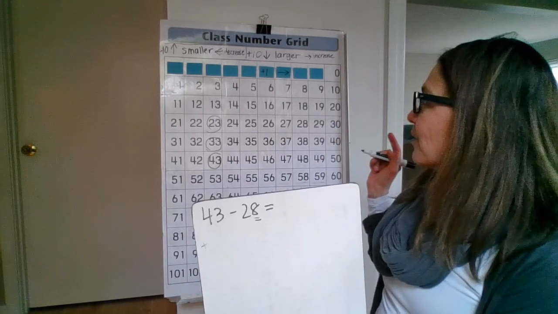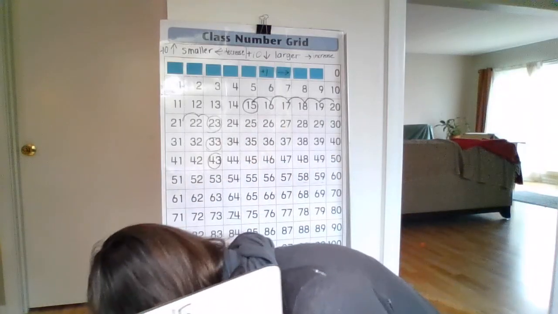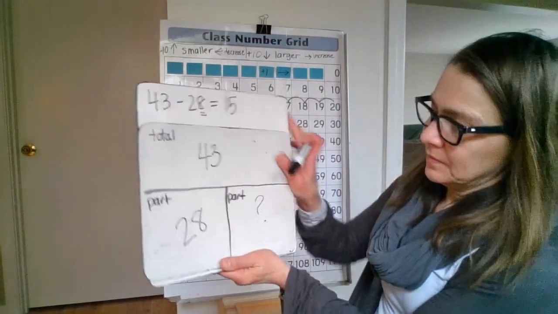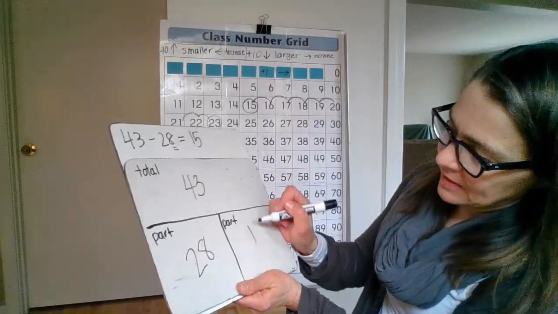And we are going to decrease 8 ones. Total. And now I have 15.